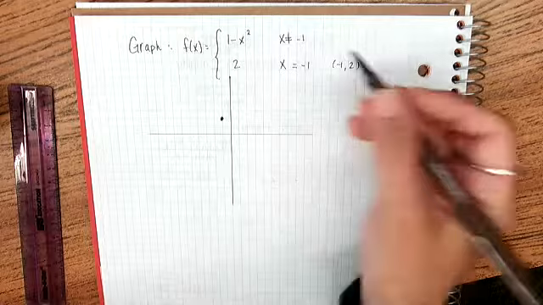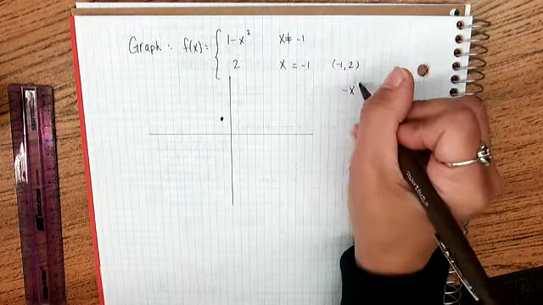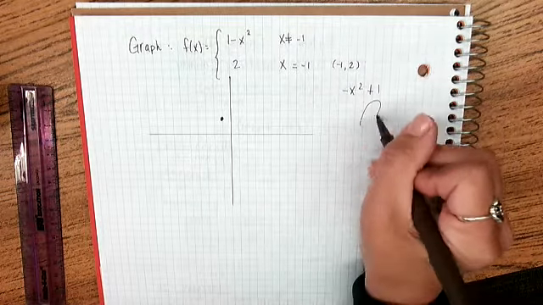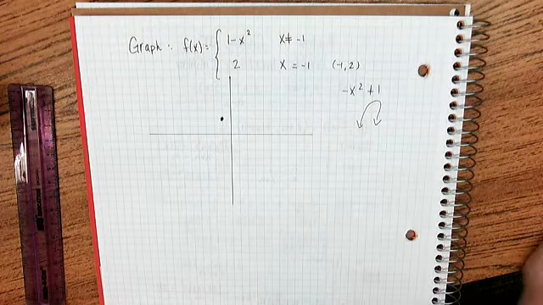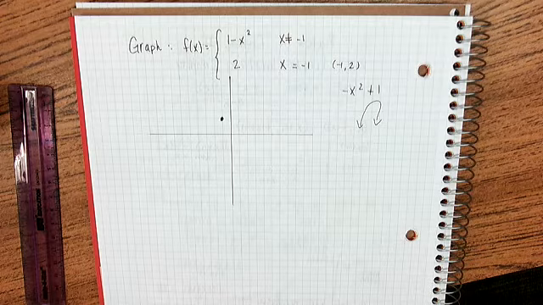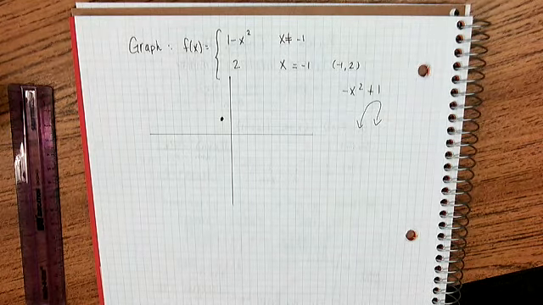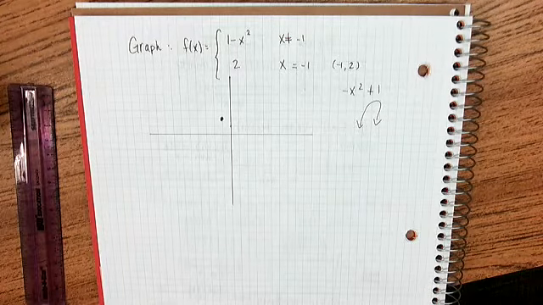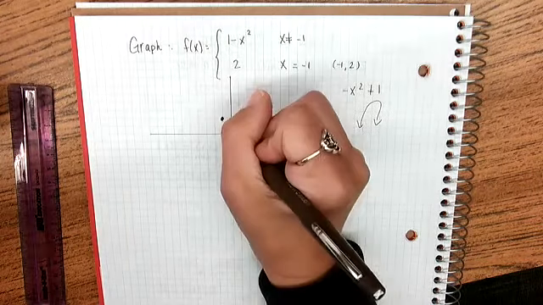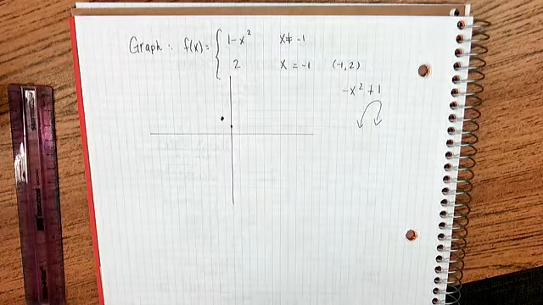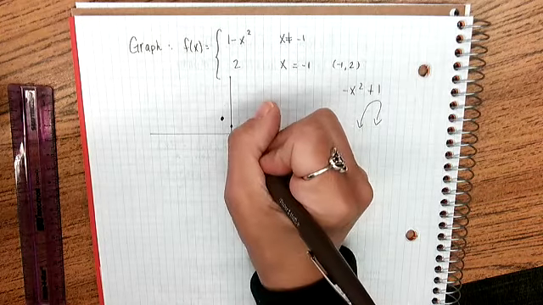So this is the same thing as -x squared plus 1. So this is an upside down parabola shifted up 1. I'm going to do it in pencil first, and then I'm going to draw over it. I started in pencil, you don't really need it. So if it's shifted up 1, it goes boom.